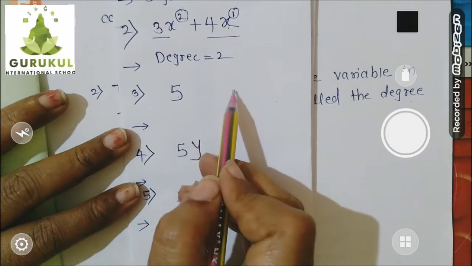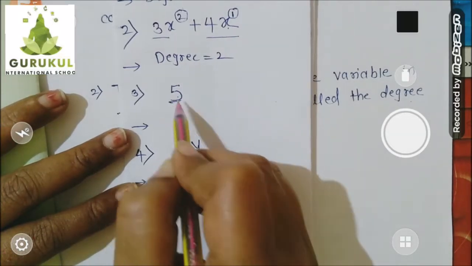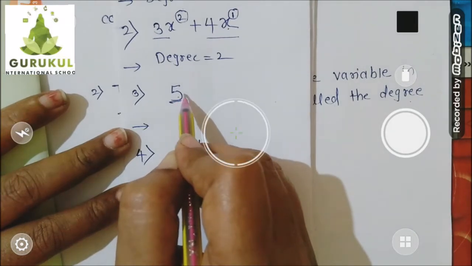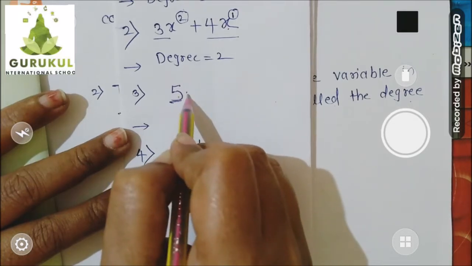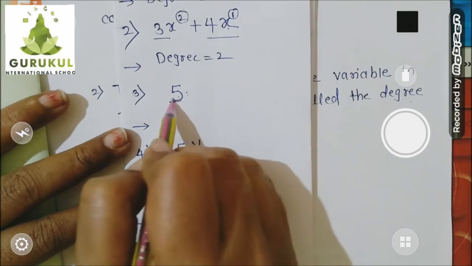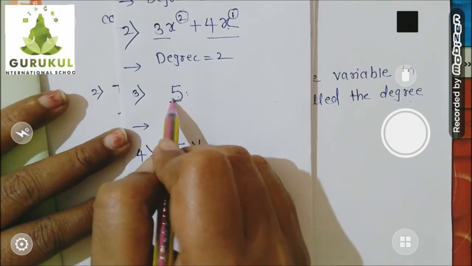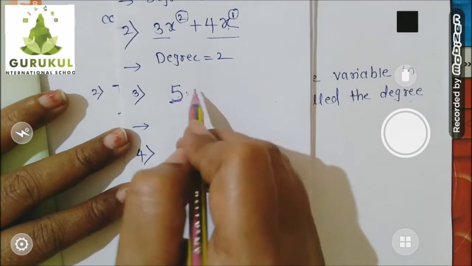So there is no question of comparison of indices. But what about this term? Whatever is the index of this term, that is only your degree, because it contains only one term. Now what is the index? If you remember, I explained in my last video, if a constant number is written, it is assumed to have a variable, because it is a single term.